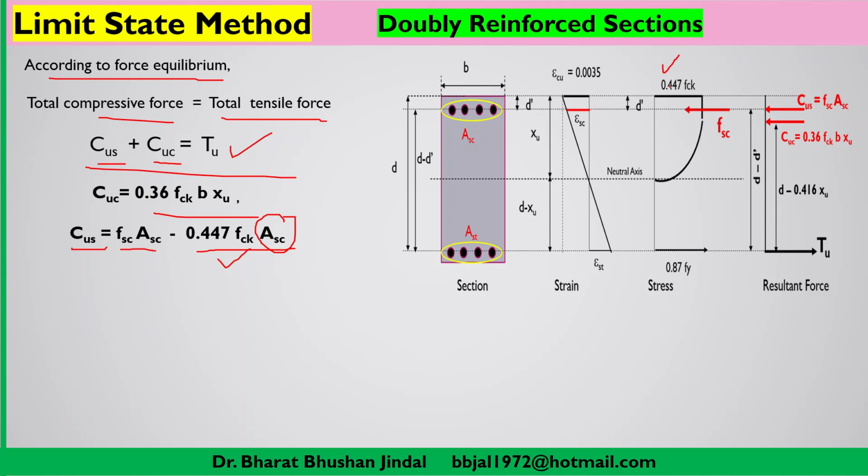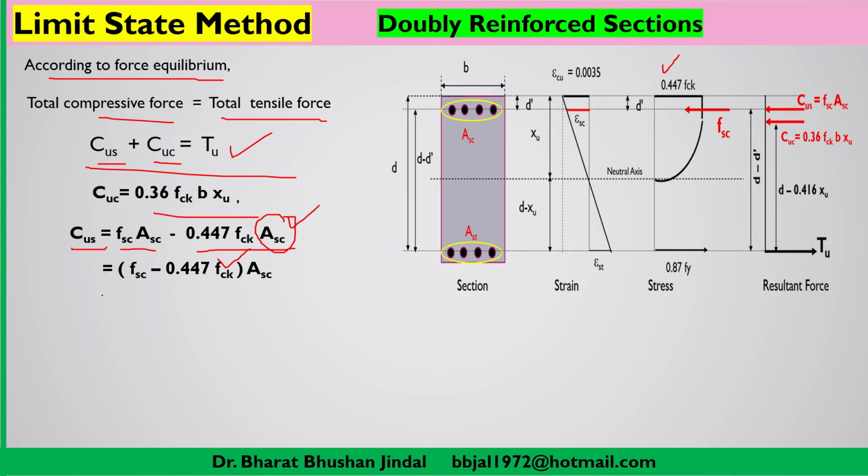We are assuming that the compressive force at the level of steel due to concrete, which we have removed, that much compressive force which that concrete could take, it will not take now because we have removed it. So net force is reduced by this factor 0.447 FCK into ASC, the area of concrete which you have removed from the section on the compression side, which is equal to the area of steel.